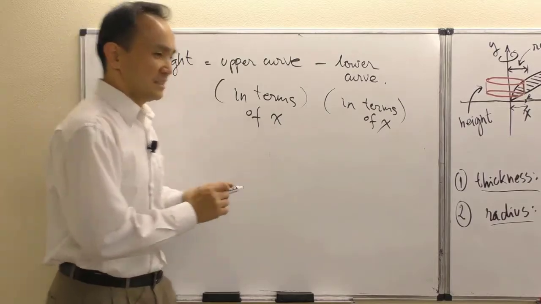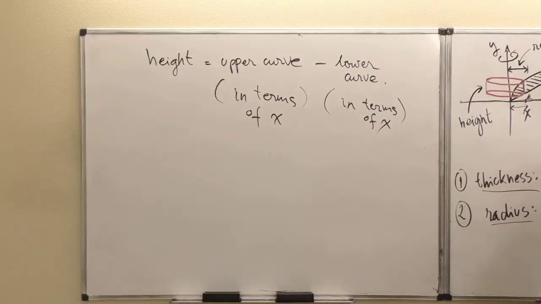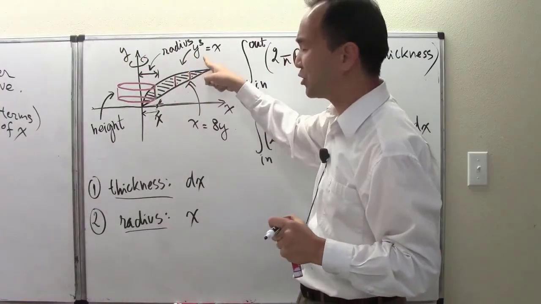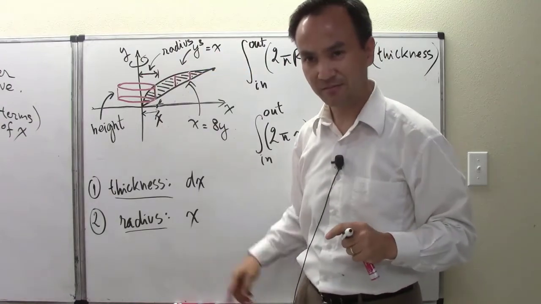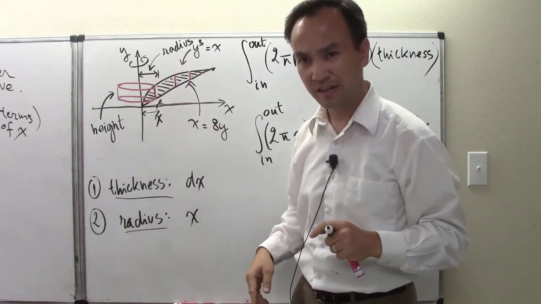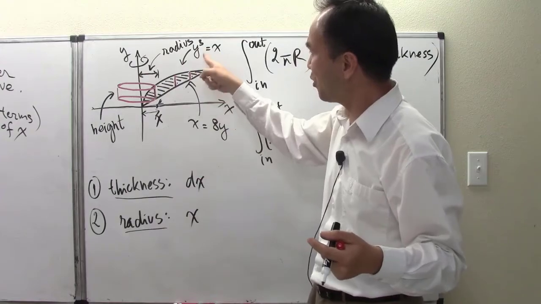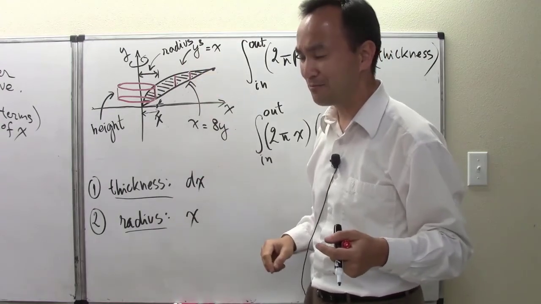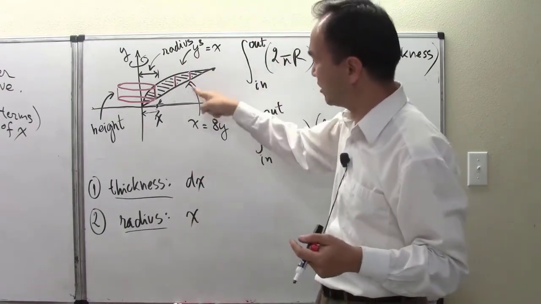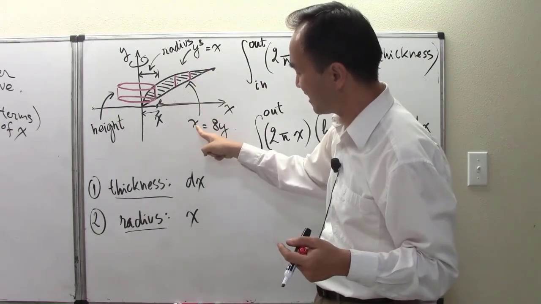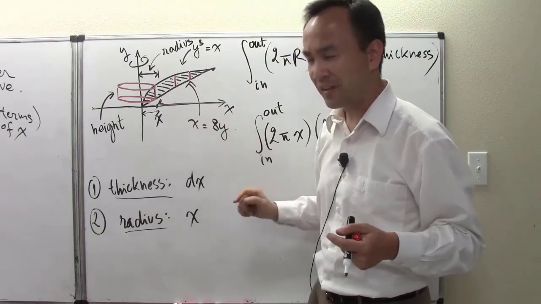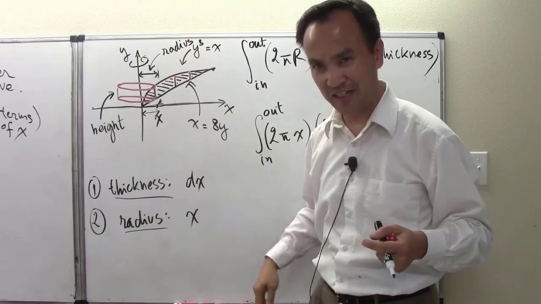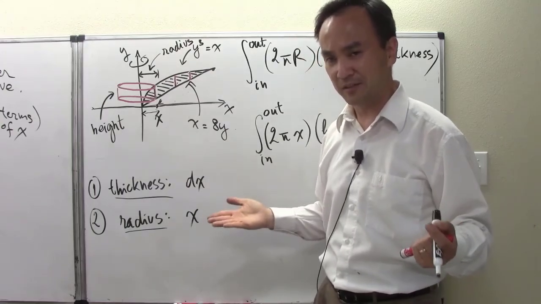The upper curve as labeled here is y cubed equals x, or x equals y cubed. It's not quite in terms of x yet, so we can do a little bit of algebra. The same with the bottom curve, which is written as x equals 8y. None of the curves given here are currently represented as functions of x.